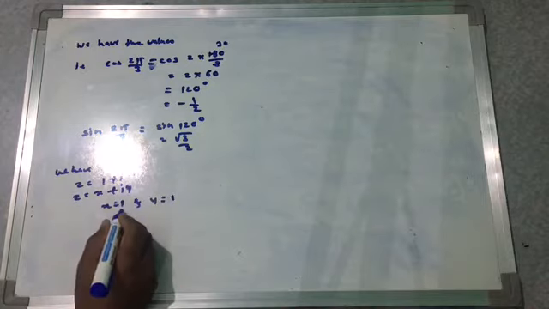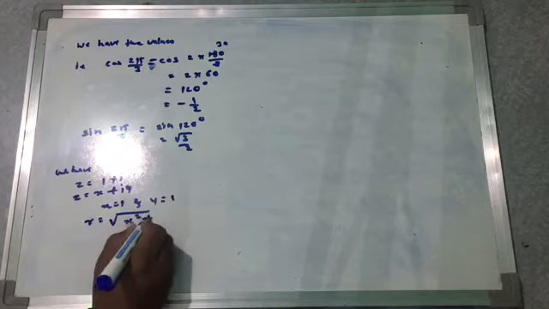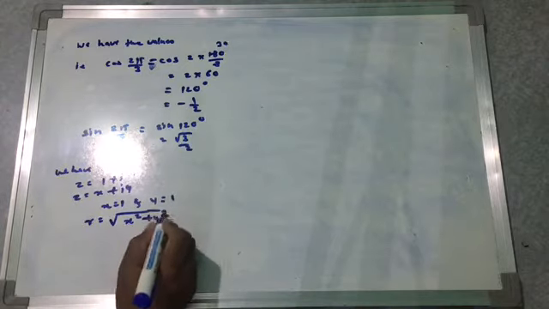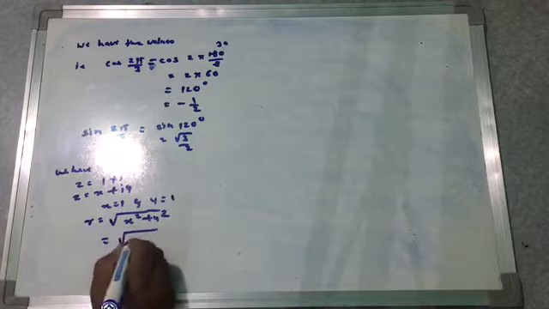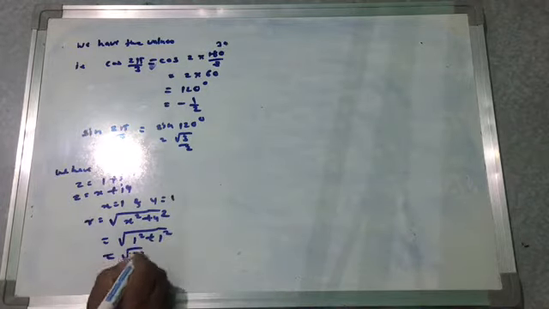In this manner, we have r is equal to root of x square plus y square. This is 1 square plus 1 square, which is equal to root 2.